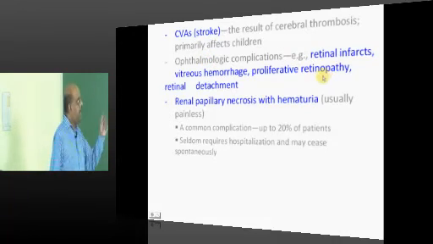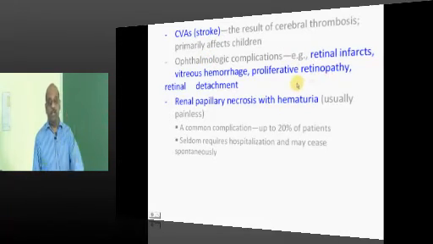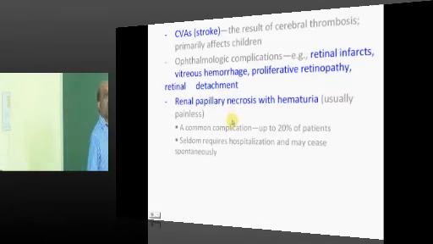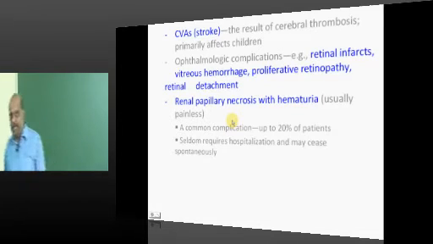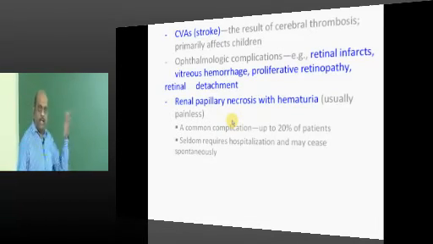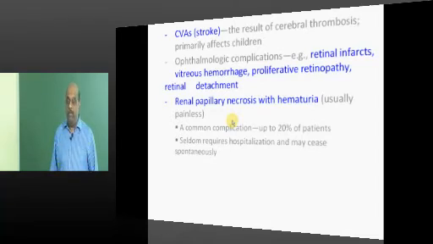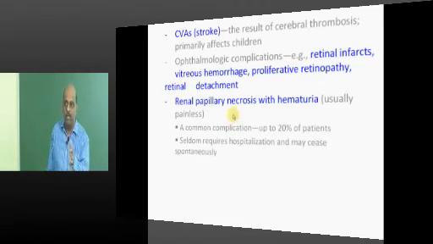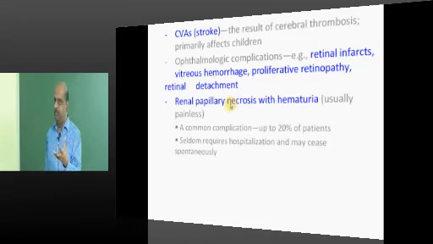There can be sudden retinal infarct, which can lead to sudden onset of blindness in a patient of sickle cell anemia. Then what are the kidney manifestations you will remember in sickle cell anemia? If you take the kidney, it has a cortex and a medulla. Between the two, the medulla has a sluggish blood flow, hence highly vulnerable to ischemic injury.